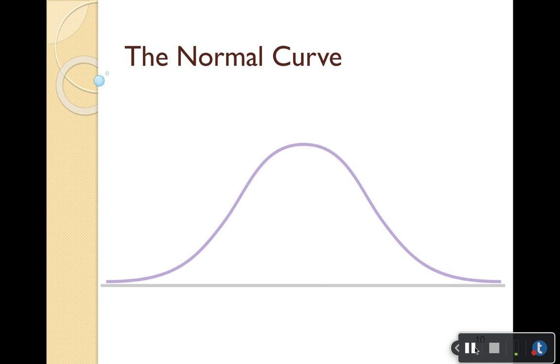But the reason is the general shape of this curve, we think, and when I say we, I mean researchers and the general research population, we think that this shape really mirrors a lot of variables or things that we find in nature that we're interested in studying. So your book gives the example of IQ scores, the idea that this is a normal distribution.